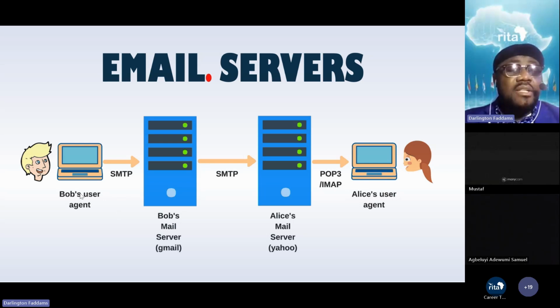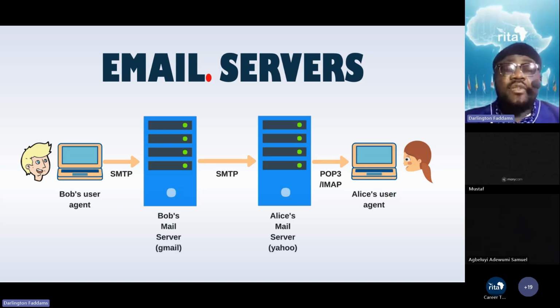Bob is at gmail.com, so he's working with a Gmail server. Whenever he sends a mail, the mail goes through the Gmail server and does not contact Alice at all, but looks for the address of the recipient and finds out the domain name in that address.